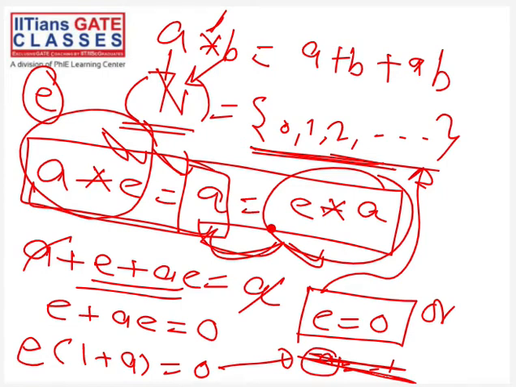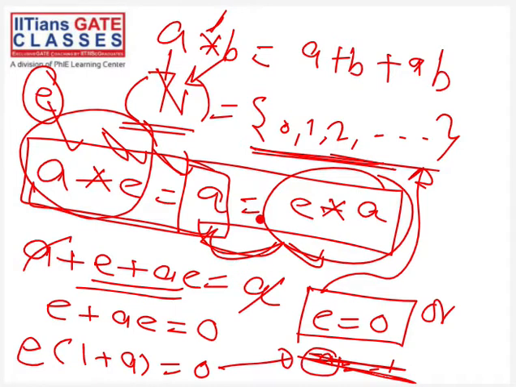Are you getting my point? Of course you can check it out, you can again write A equal to E plus A plus EA and check it. But we have already seen that this star operation is commutative, hence A star E is equal to E star A, so you do not have to check again.